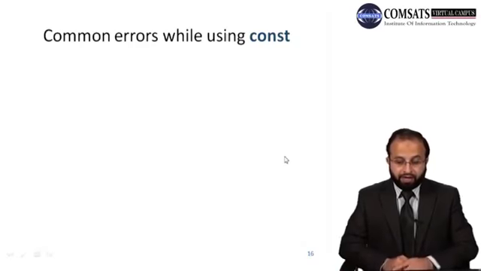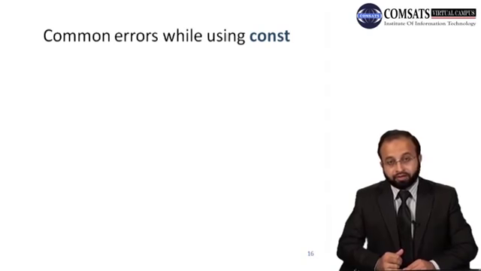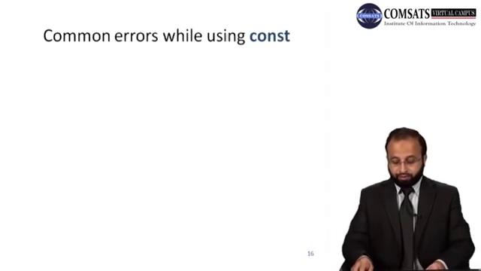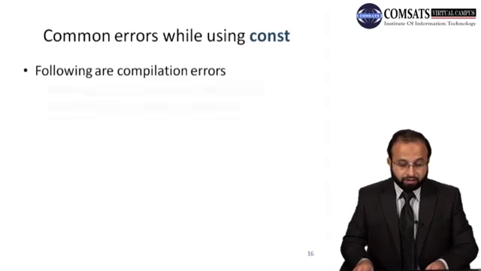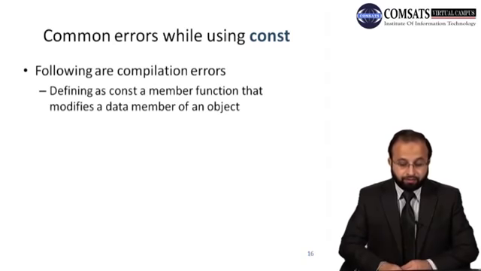Now let's see the common errors while using a constant object, a constant member function, a constant private data member, and a constant object passed as a function argument. Following are the compilation errors. Defining as const a member function that modifies the data member of an object is a compilation error.